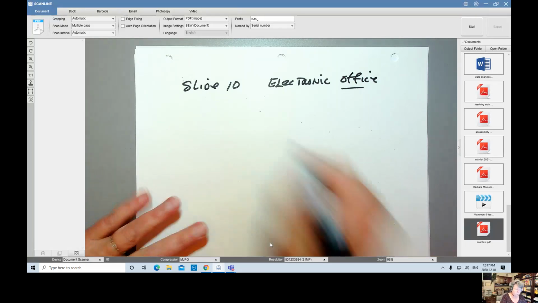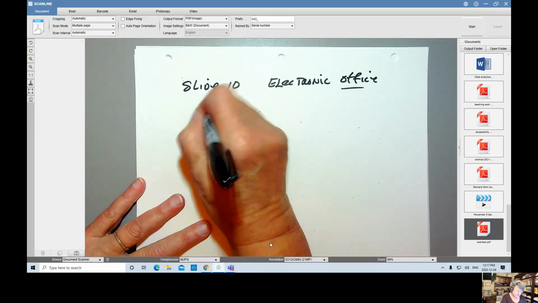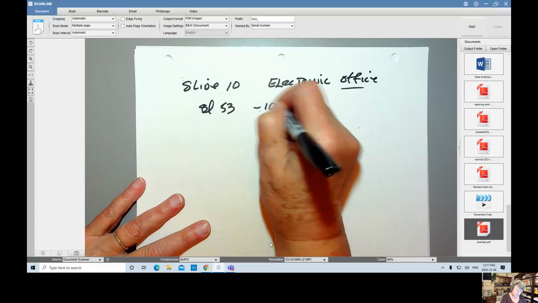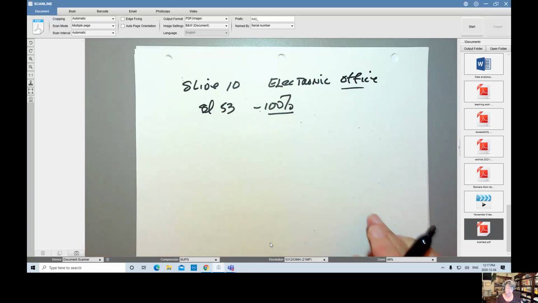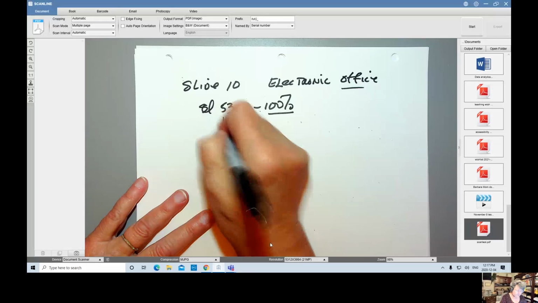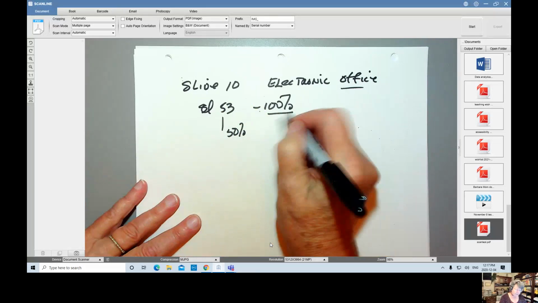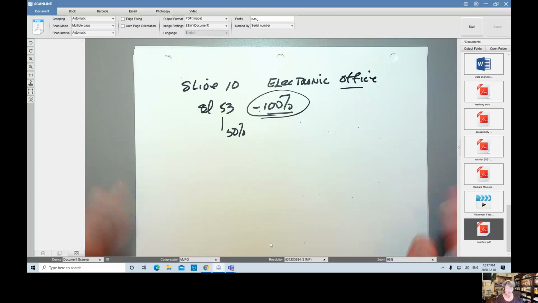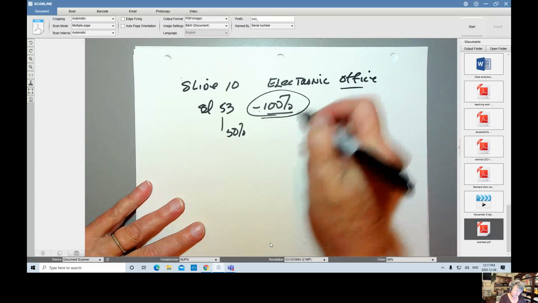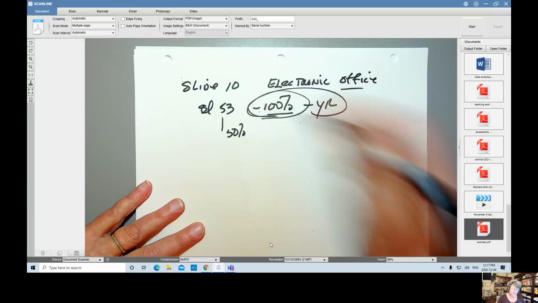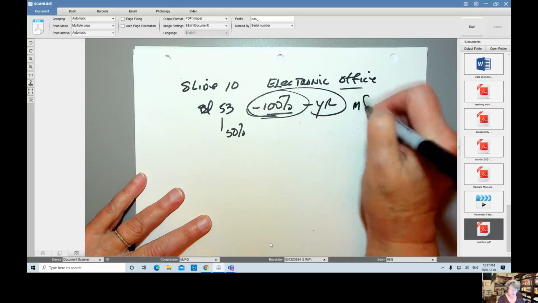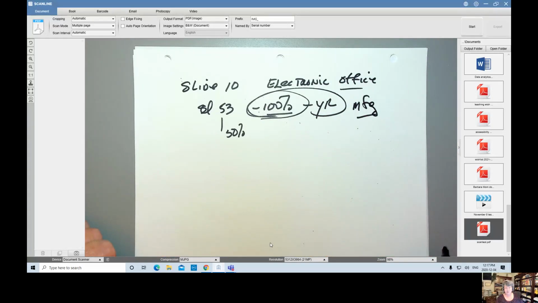Manufacturing and processing equipment, class 53, is basically 100% now. The reason it's 100% is class 53 is a 50% class, but we've got that 1/2 net rule, so it winds up being 100% because you take 50% of the 100. So you wind up with the year one, the class 53 manufacturing equipment is 100% write-off.